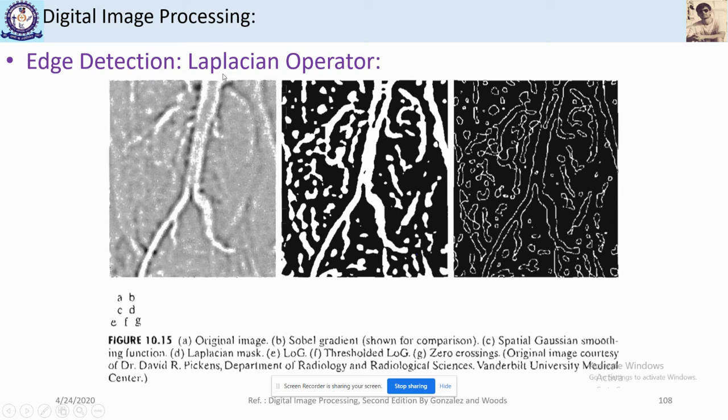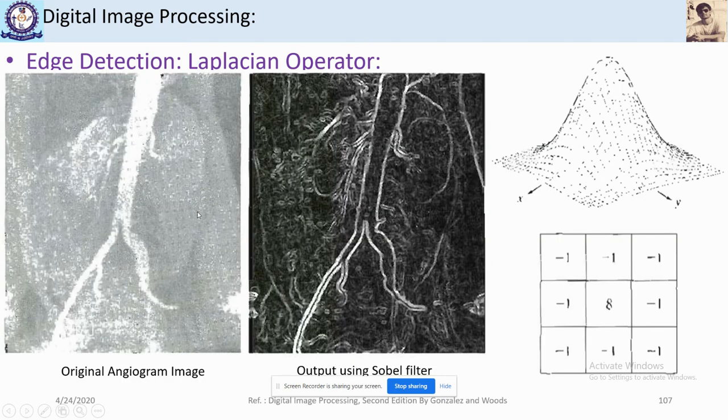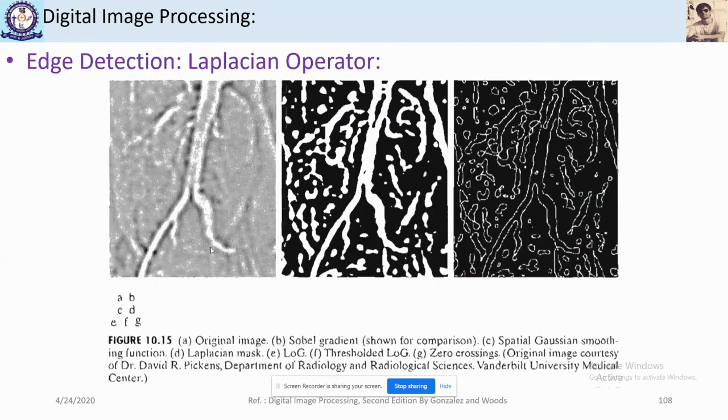That means what is done here? First, a 27 cross 27 smoothing Gaussian filter is applied on the original image, on this image. The dimension of the Gaussian filter was 27 cross 27, and then the Laplacian of the result was computed.